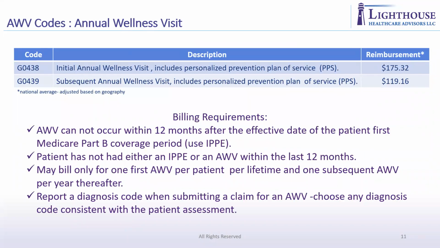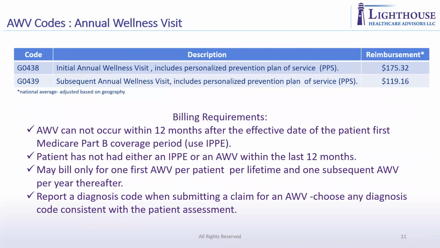The next two annual wellness visit codes. So we just talked about the IPPE. Now we're going to talk about the AWV. So love the acronym soup here in Medicare world. So the codes for these are G0438 and G0439. How are these different?